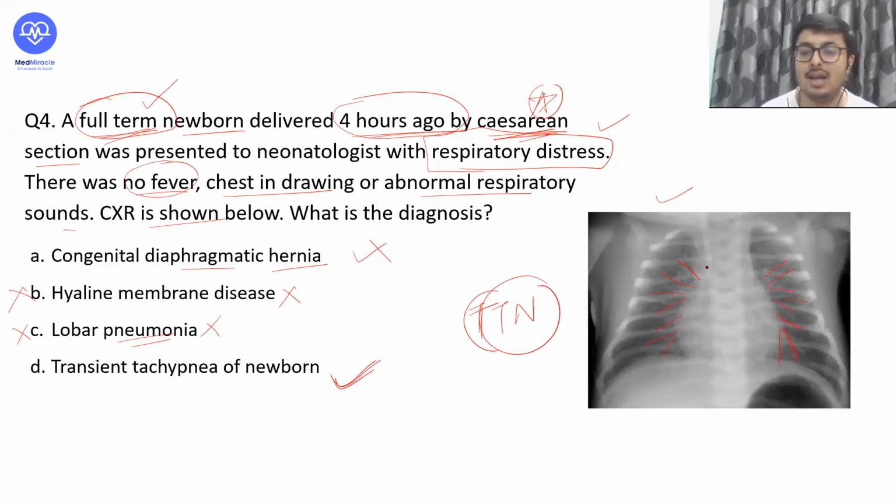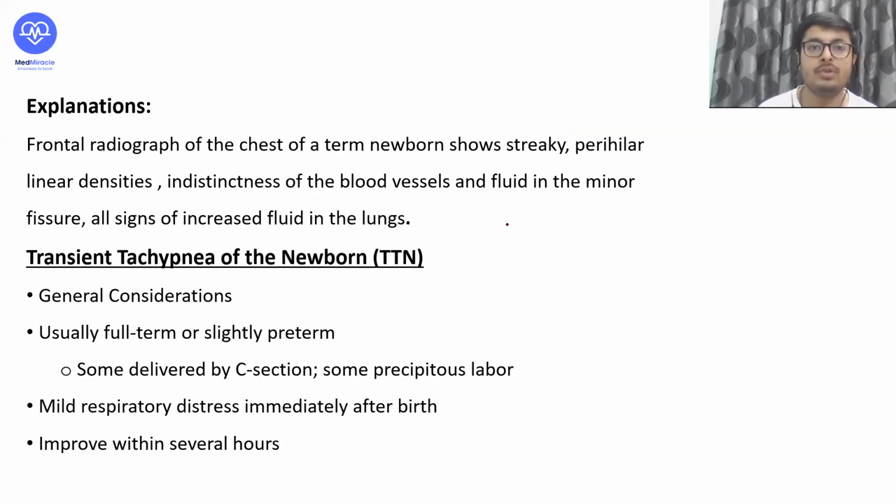The chest X-ray appearance is the sun ray pattern emerging from the hilum and radiating to the periphery, right? This frontal radiograph is showing streaky perihilar linear densities, indistinctness of the blood vessels and fluid in the minor fissures. These all are signs of increased fluid in the lungs.